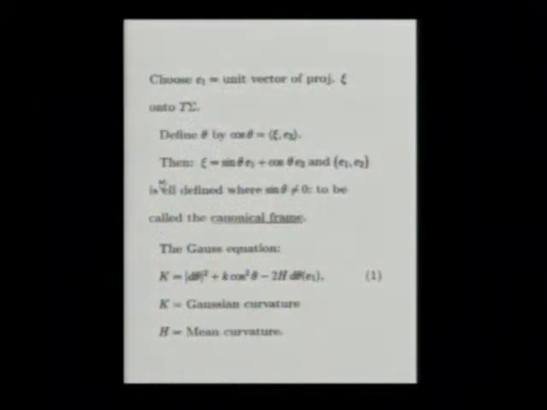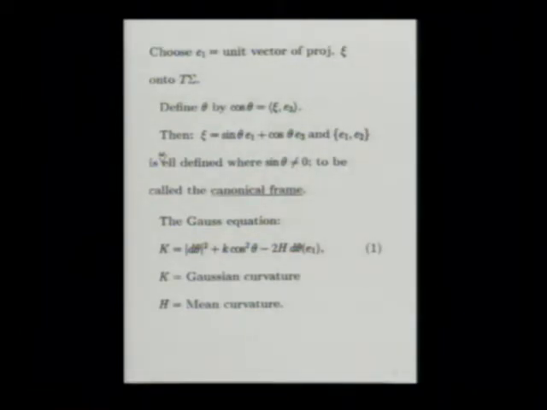It's almost a global frame for that situation. We might have to use the Gauss equation, but probably not. That's the form with theta, where K will always be the Gaussian curvature, the big K, and H the mean curvature of the surface sigma.